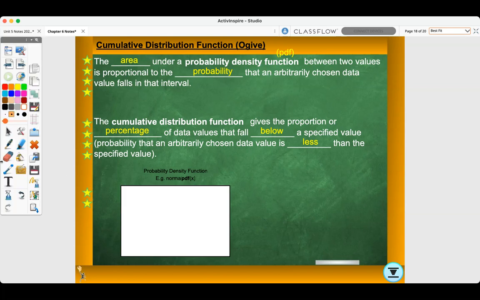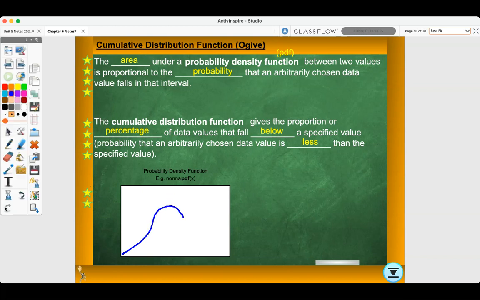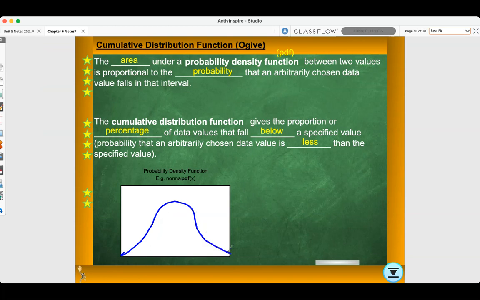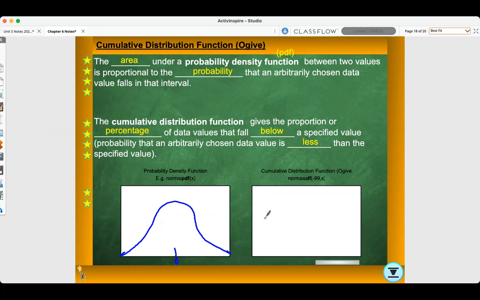So a probability density function, the normal one, would look like a normal curve. However, a cumulative distribution function would look like this.